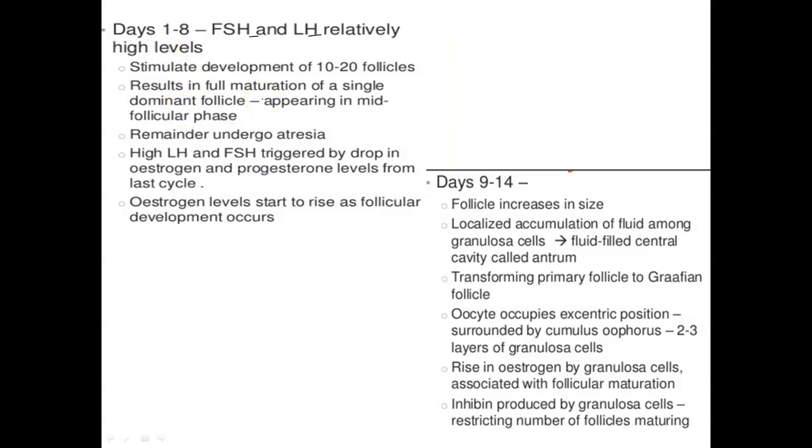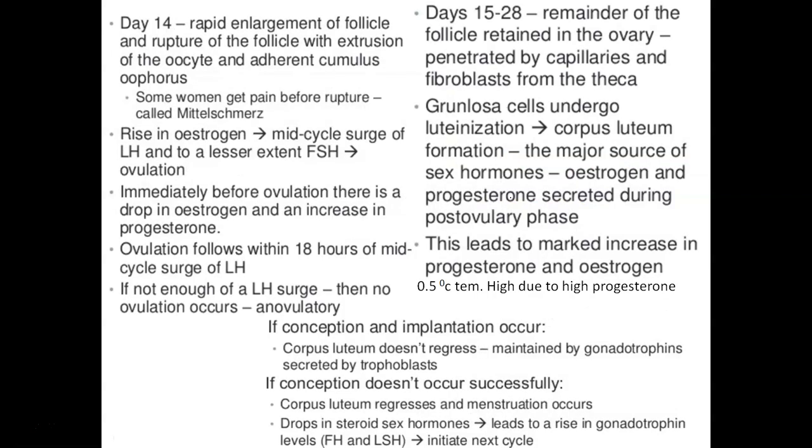Then in 9 to 14 days, the primary follicle gets matured. Then on the 14th day, the ovulation phase, that is the release of the egg. Then the 15 to 28 days, the post ovulatory phase, the luteal phase, where progesterone is high.